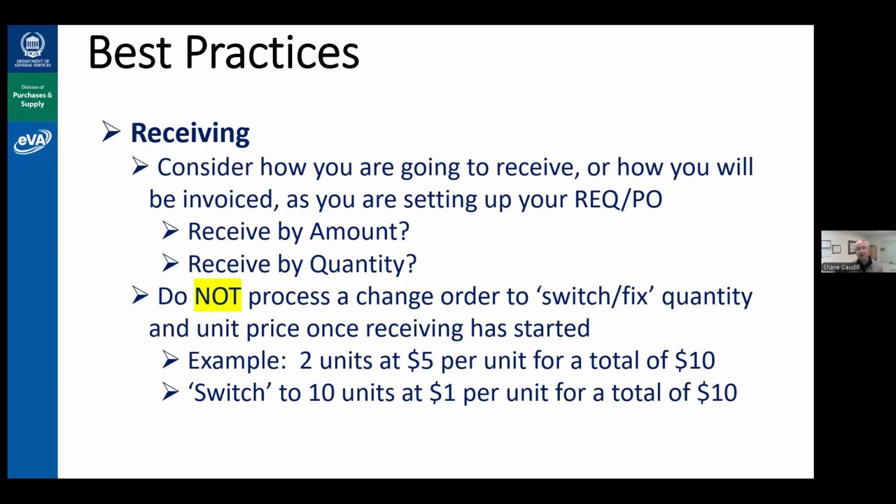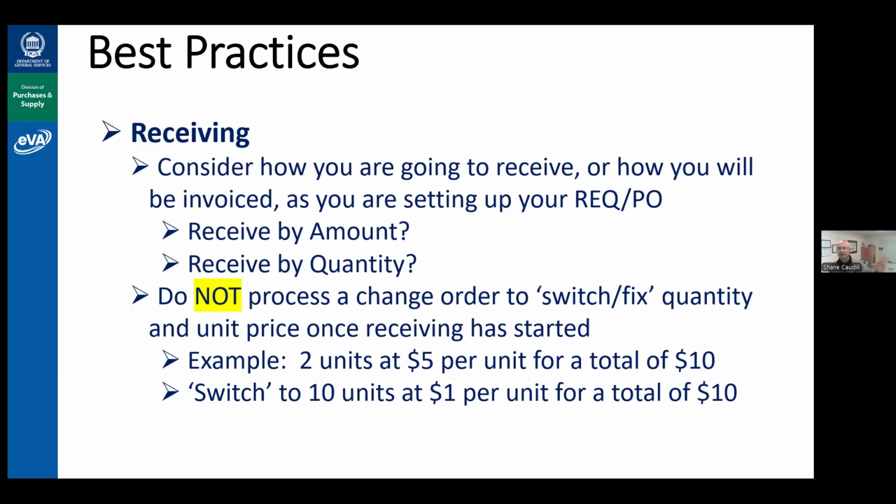But certainly, even receiving by quantity, you might have a service that's based on hourly rates where you're going to receive 100 hours. So again, think about that and really try your best, maybe using a previous invoice, or asking the supplier directly how you're going to be invoiced and how they're going to ship things to you.